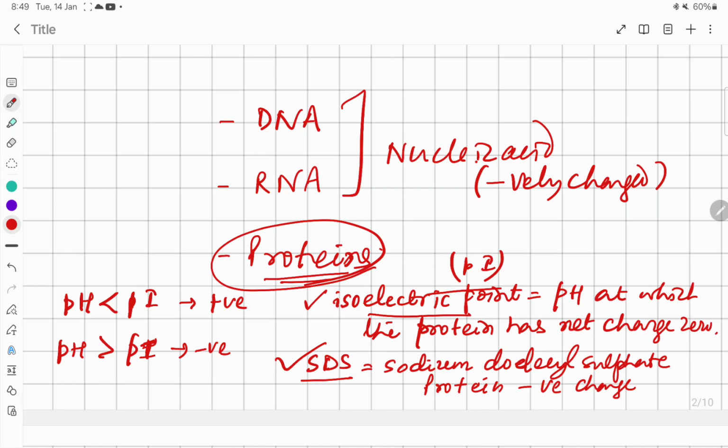So we can use DNA and RNA because they are negatively charged, and we can make the protein negatively charged by using SDS, the denaturing agent.